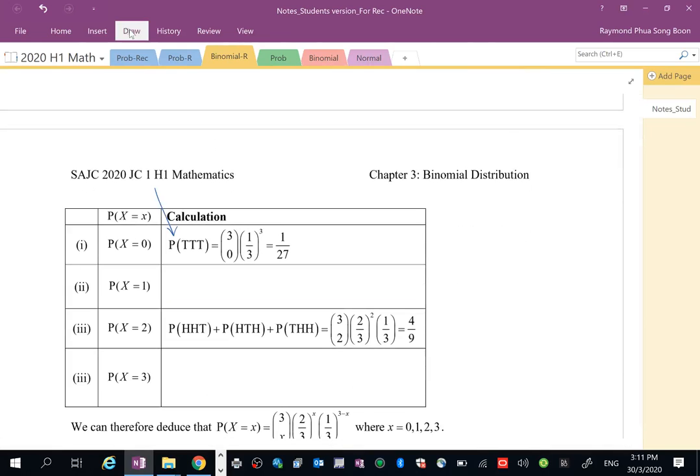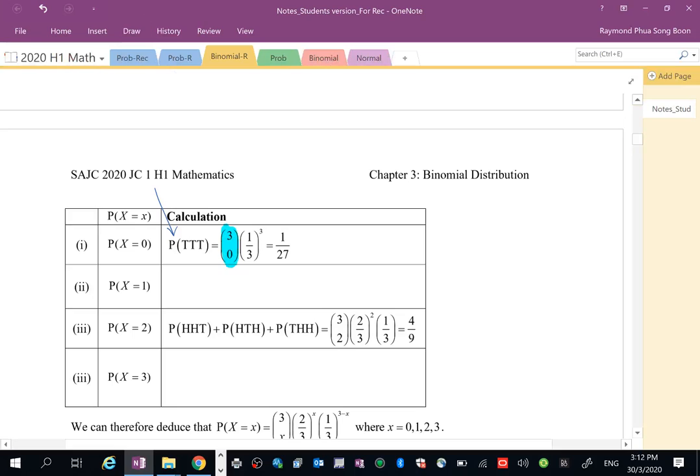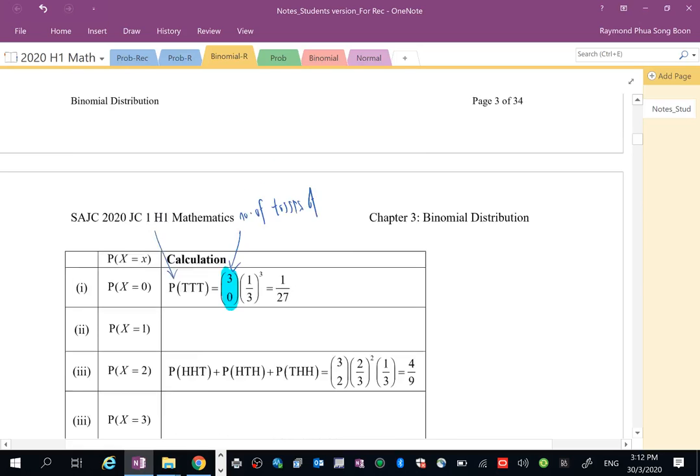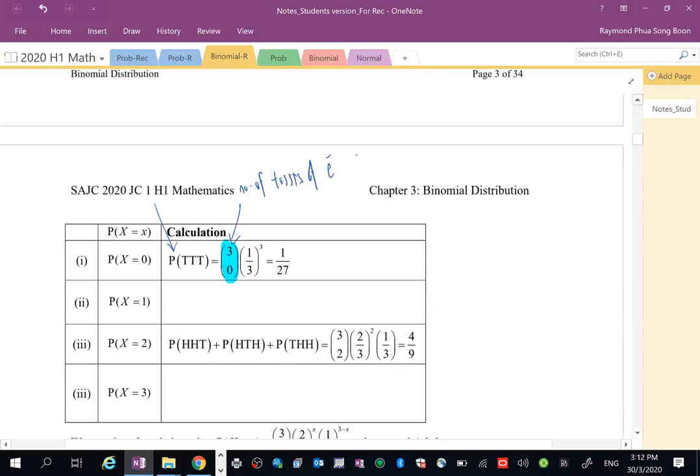So what is this part here? Basically, there are two numbers. The top number is the number of tosses of the coin.